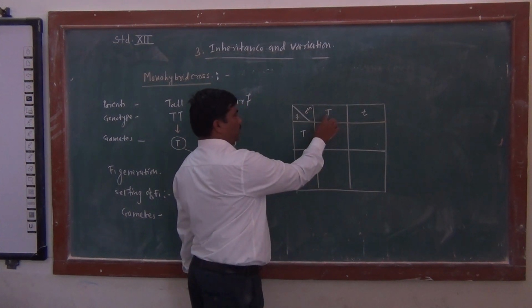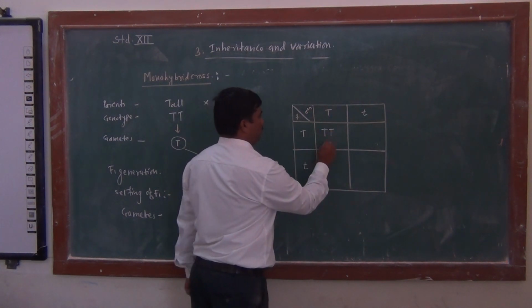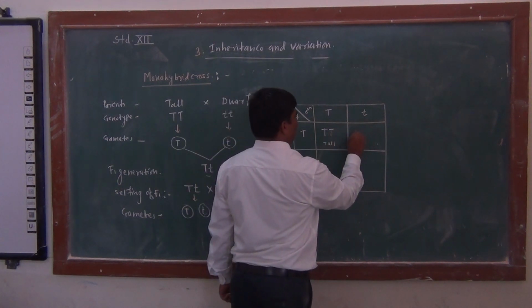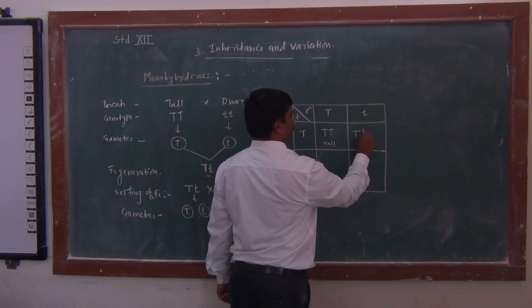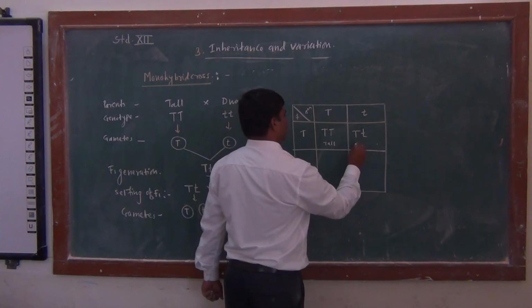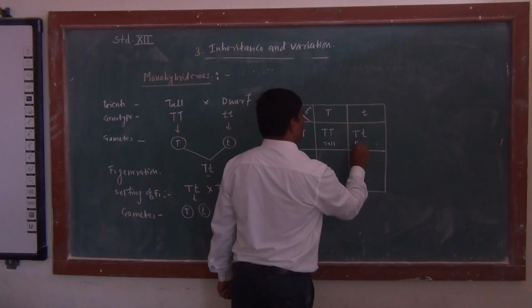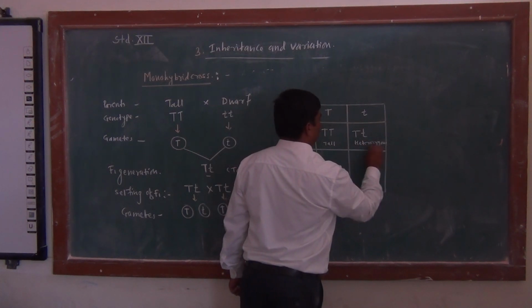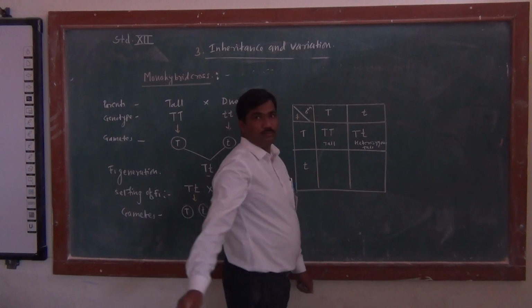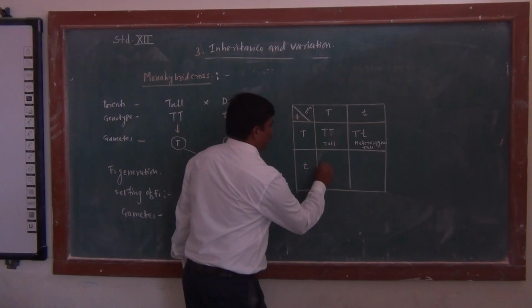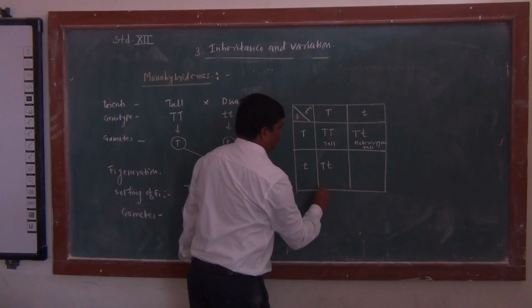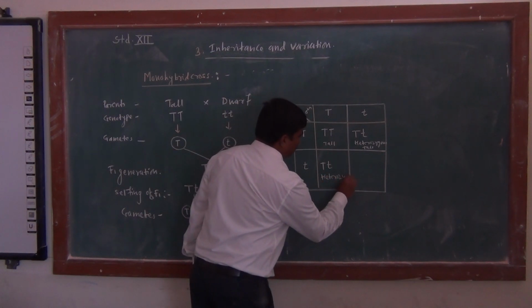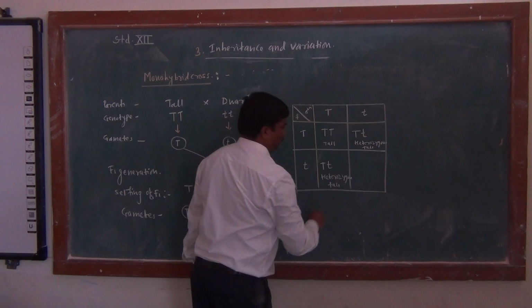So this T and this T, male and female gametes, fuse together to form capital T, capital T, the homozygous tall individual. Then capital T, small t, with the dominant allele written first, is heterozygous tall. Then capital T, small t is also heterozygous tall.